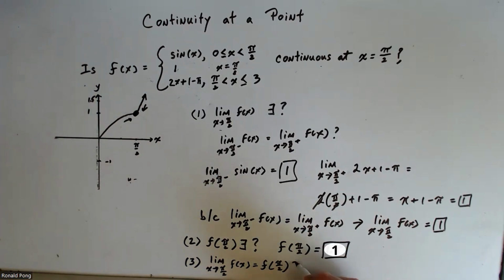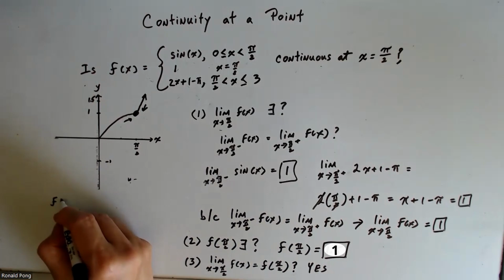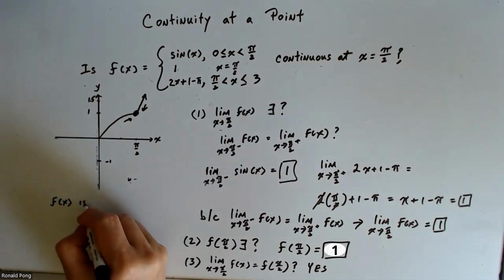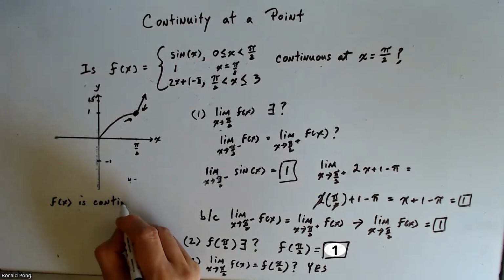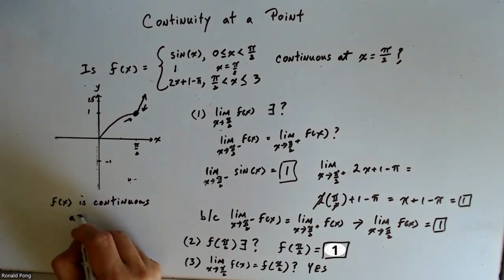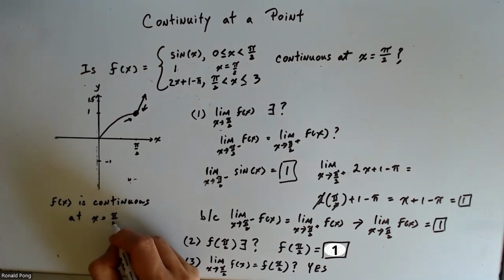And in this instance, we can conclude the answer is yes. And then we could state that f of x, as now defined, is continuous at x equals pi over 2.